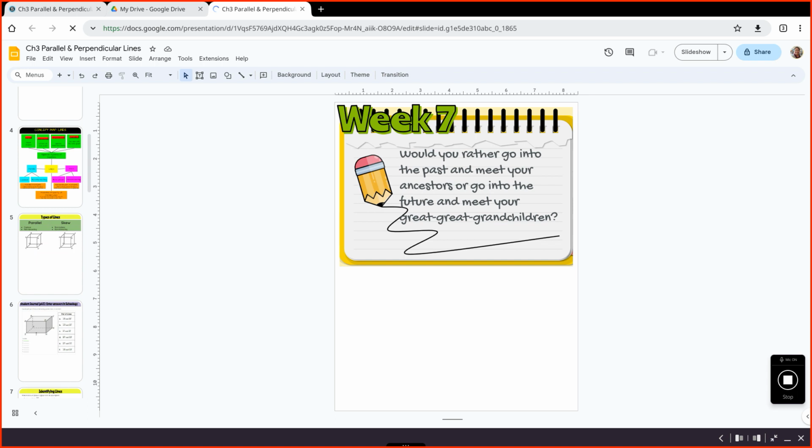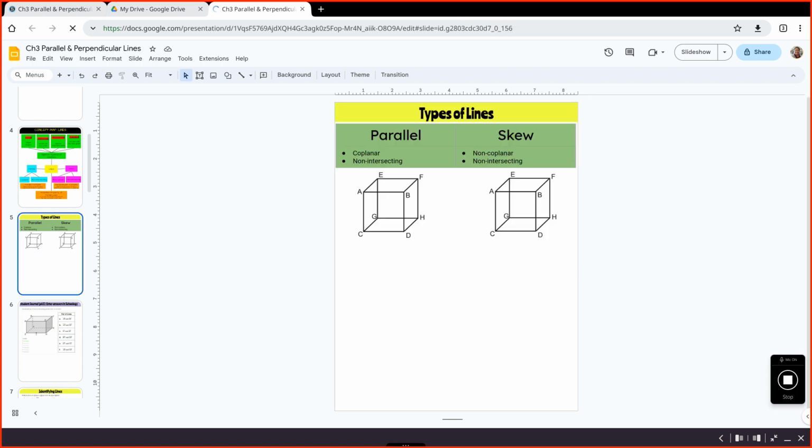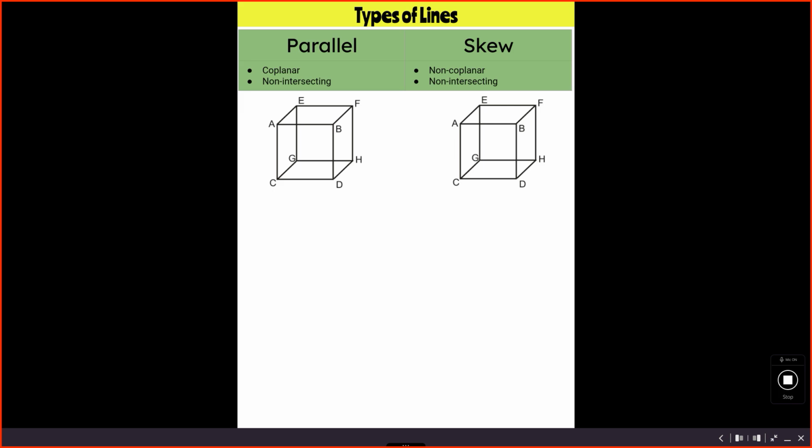Okay, so now let's start copying our notes from here. Don't copy the picture, just copy the words inside the green boxes. I'll just use the picture for examples later on. For now, just copy the ones in green.